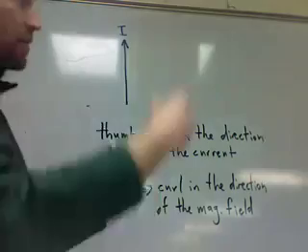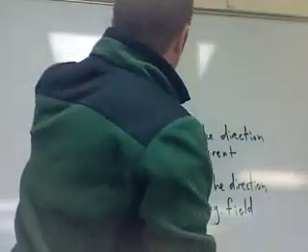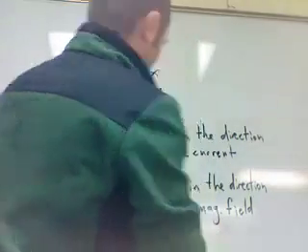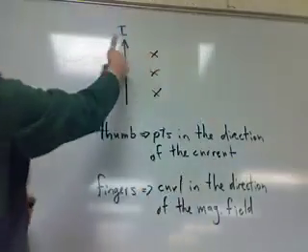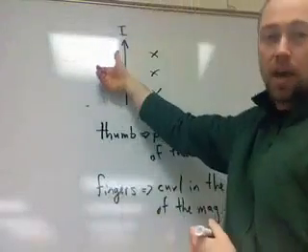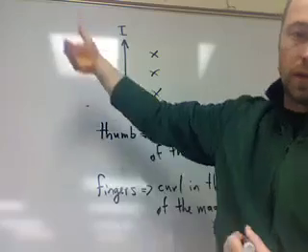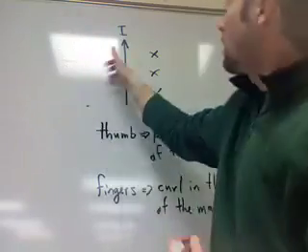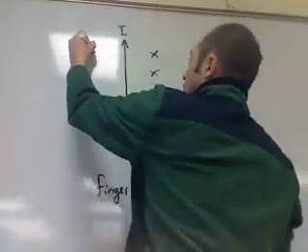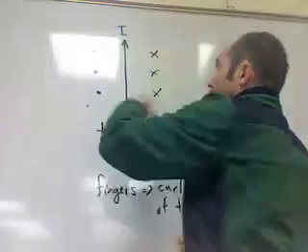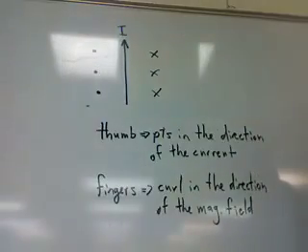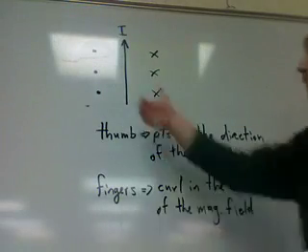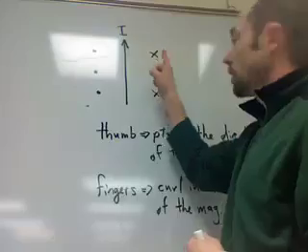Into the page is an arrow going in, so it'd be X's on this side. Now it's going to loop around. On this side, my fingers are looping out of the page, so on this side it's going to be dots. Around that current carrying wire, that's what the magnetic field would look like: out of the page, into the page.